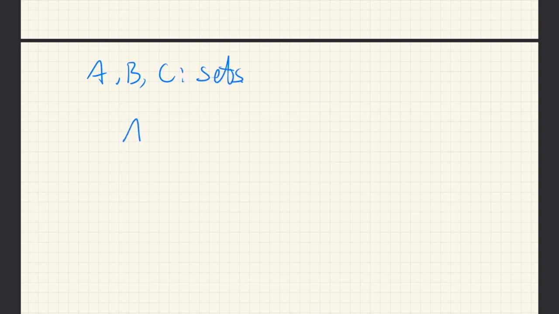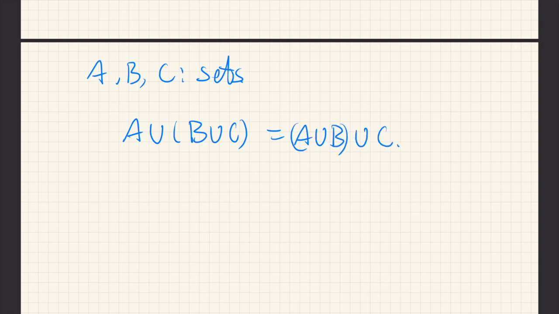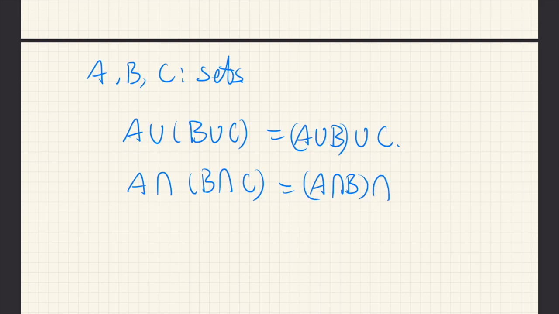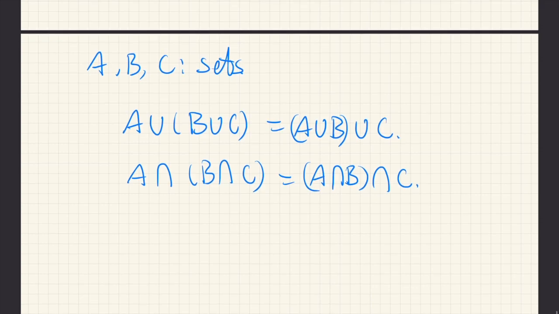Then we have A cup (B cup C) is equal to (A cup B) cup C. And also A cap (B cap C) is equal to (A cap B) cap C. Okay, so proving this is an exercise.